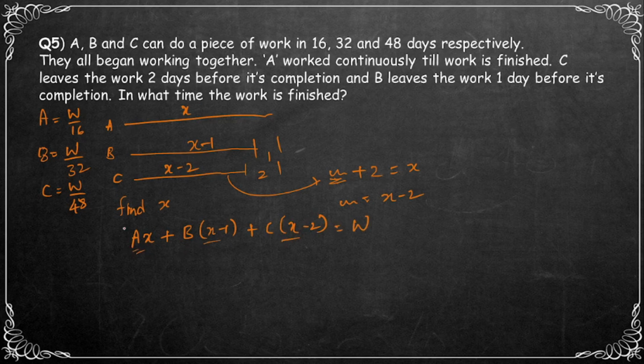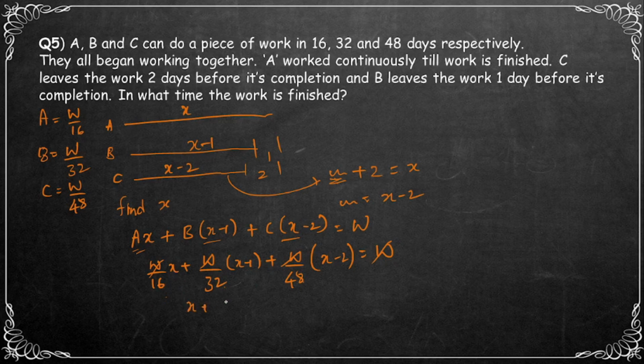So now A is W by 16, B is W by 32, C is W by 48. So W cancels because it is on both sides. Now 16, 32, 48, they are all multiples, right? So we can take 16 common. 16 goes that way.